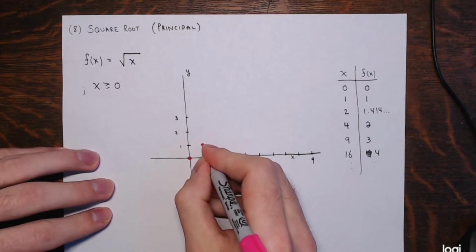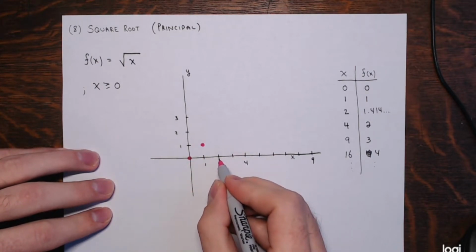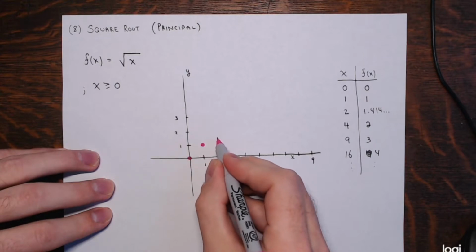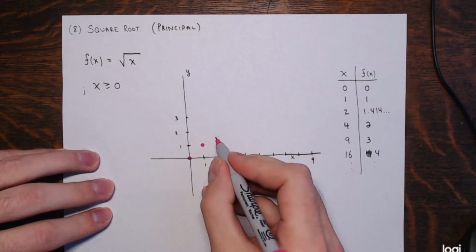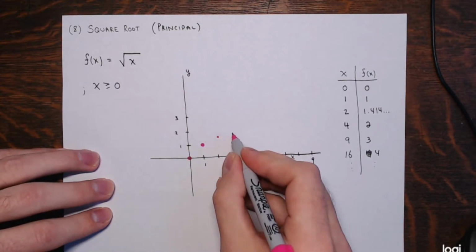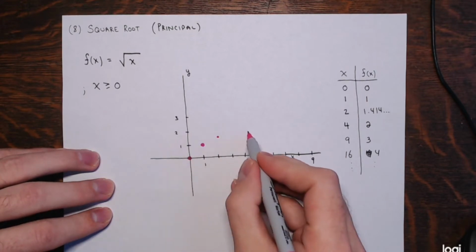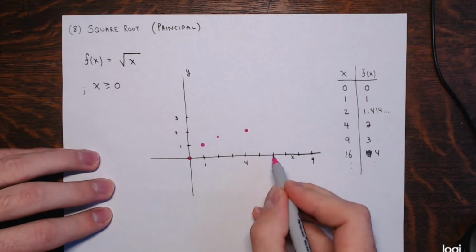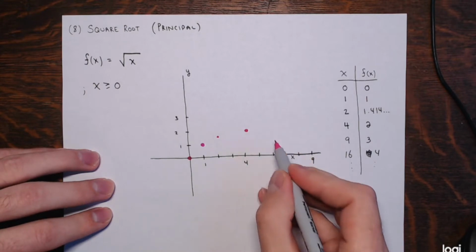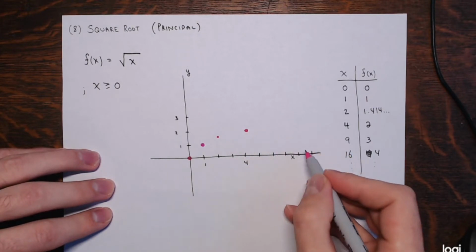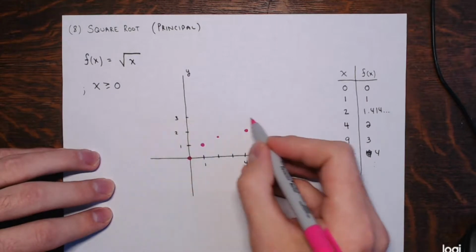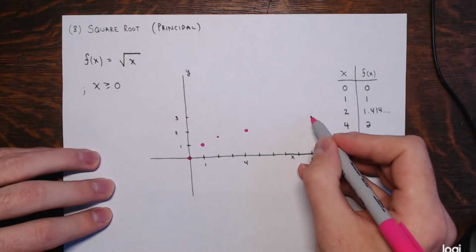Again, you could do input 2, output 1.414-ish. That's not wrong. And then 3, whatever the square root of 3 is, which is about 1.7. And then 4, 2. Then 5, square root of 5, 6, square root of 6, 7, square root of 7, 8, square root of 8, 9, 3. Just kind of eyeballing this stuff here.